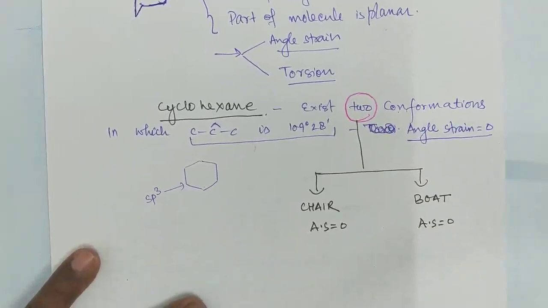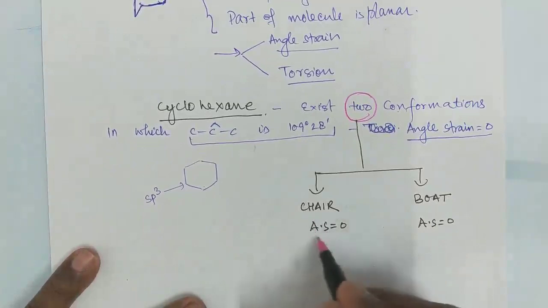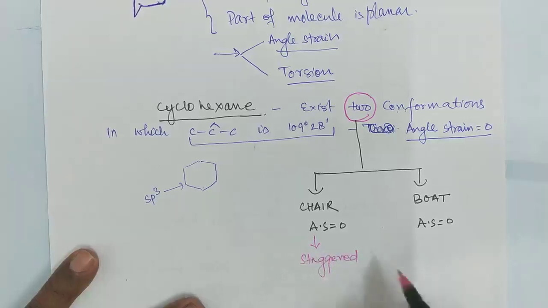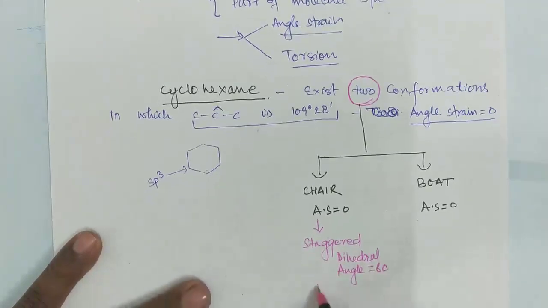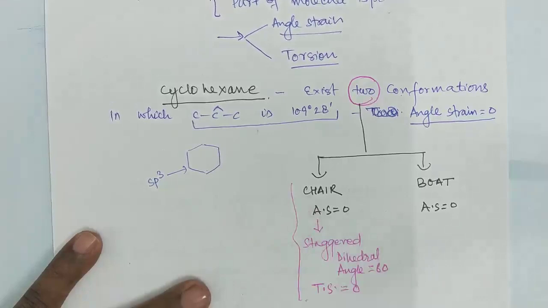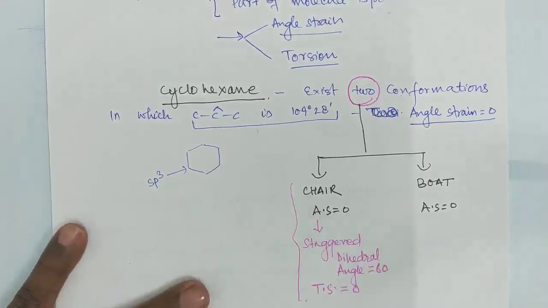Chair form, basically, this is the staggered form. Staggered form means dihedral angle is equal to 60 degree. Means torsion strain in this also zero. So in chair form, torsion strain also zero.